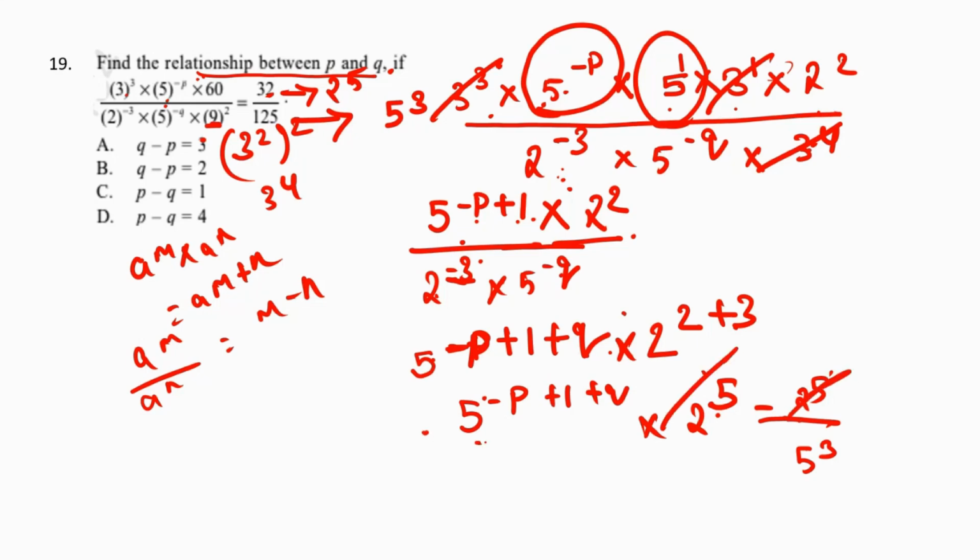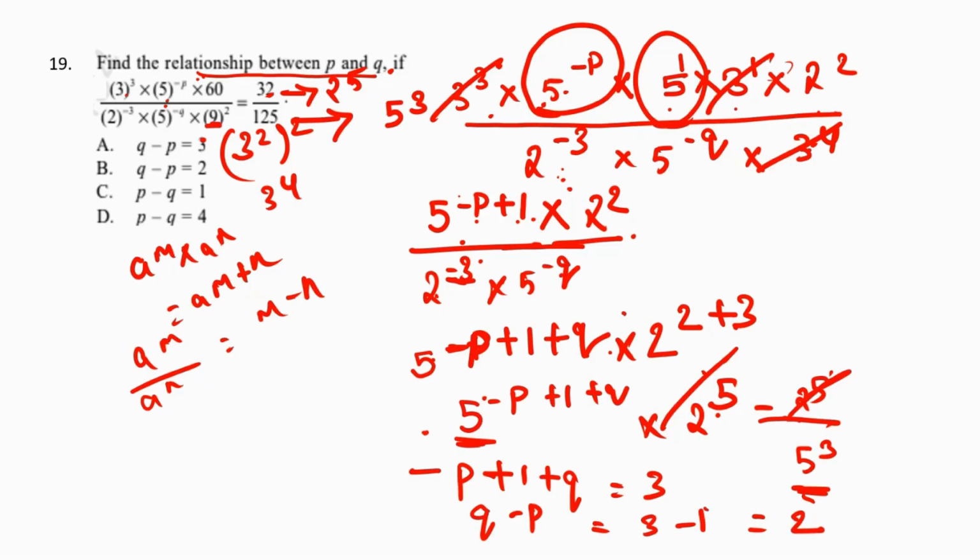The bases are the same, so we can just consider the powers to be equal. Minus p plus 1 plus q should be equal to 3, or q minus p should be equal to 3 minus 1, which is 2. So q minus p is equal to 2. We have it in option B, so that's the answer.